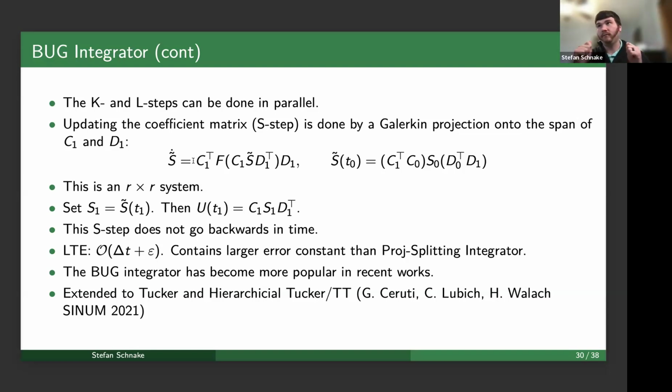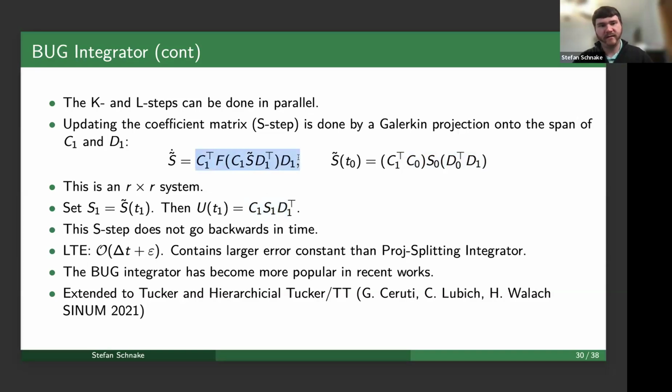But in this case, we're updating C and D at the same time in parallel, and then we're going to update S after the fact with the new basis created by the K and the L steps. We take the initial condition, the C S D, project it onto the new basis, C1 and D1, and then evolve the r by r system forward. And so S1 is just S evolved forward, and then I get a new system, C times S times D, all with ones on them.